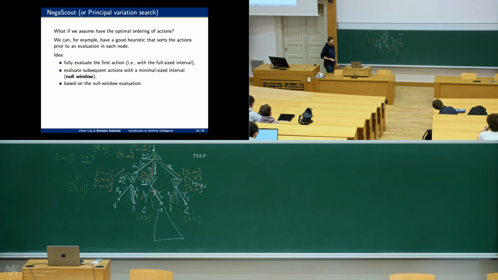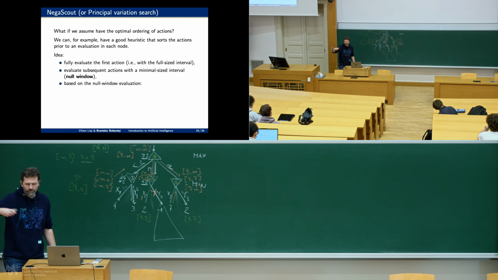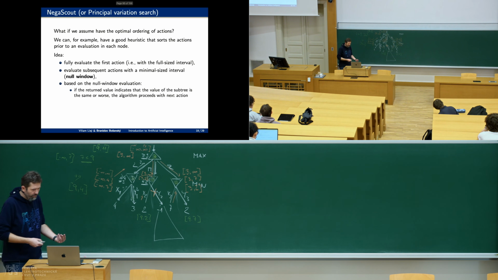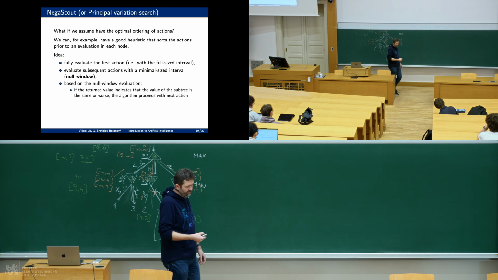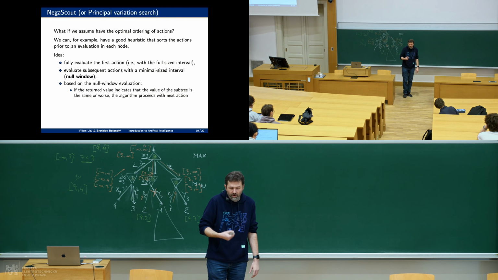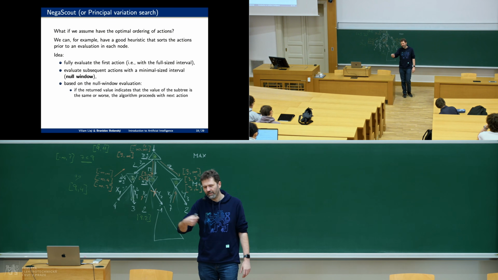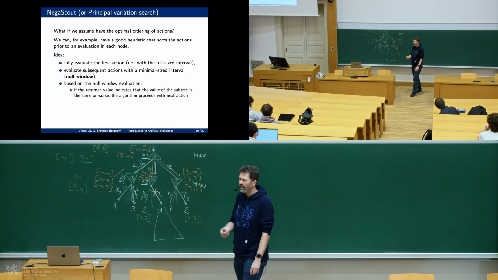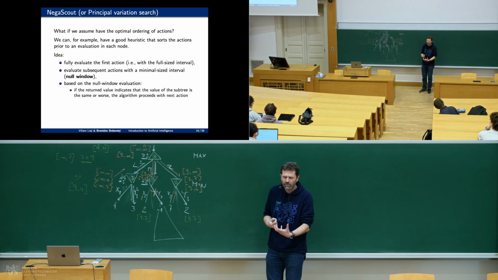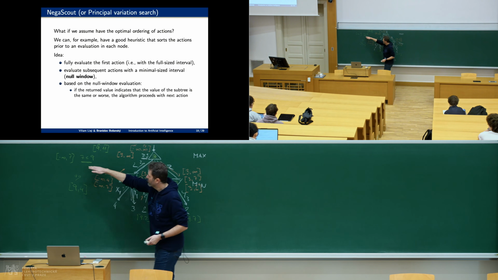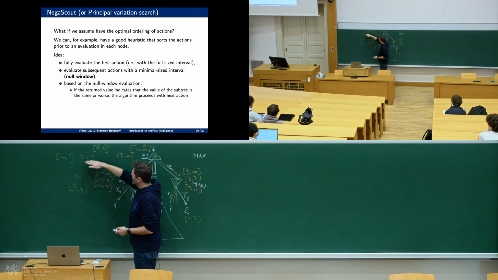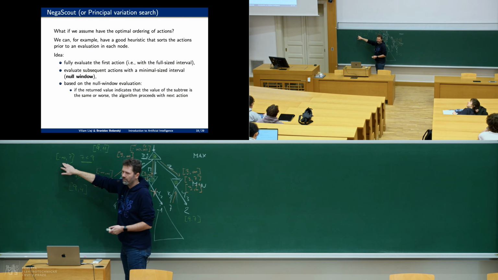And if I get the result from that null window search, two things can happen. Either we'll get a value that is worse for the player that is making the decision in that node, and then I have my proof that this action is really worse. Similarly to this, I know that the value is smaller than the interval, so I know that the true value lies within this interval.